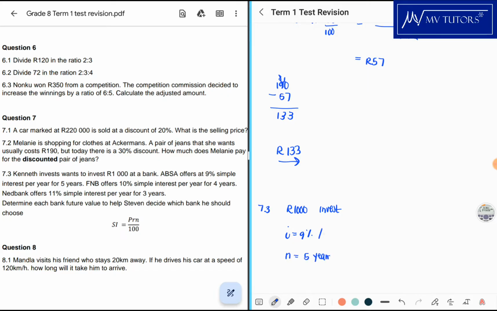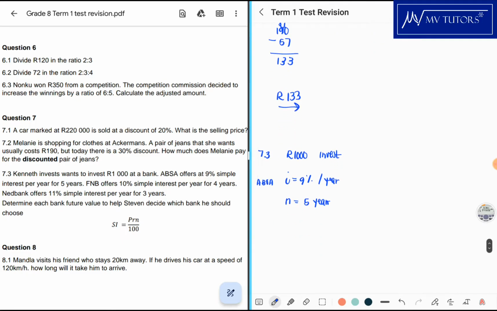Okay, 9% per year for 5 years. This is now ABSA. And then Nedbank, no, before we even get to Nedbank, FNB offers 10%. All right, simple interest per year for 4 years.